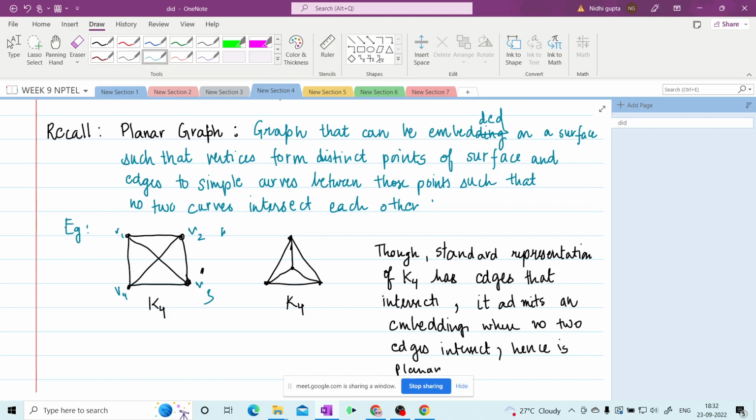But these two edges are intersecting each other. So this is not a planar representation of it.